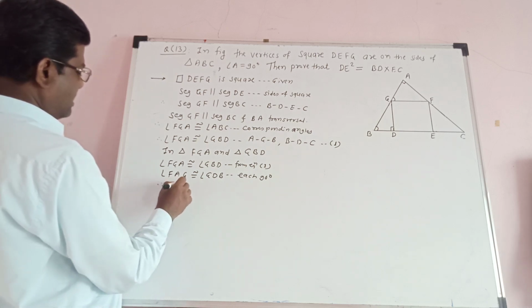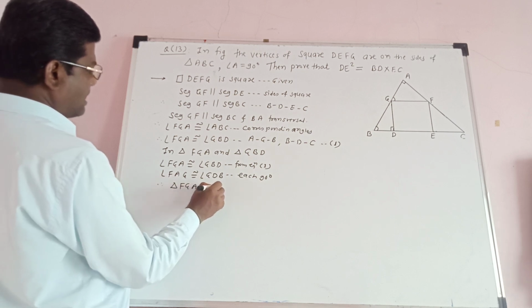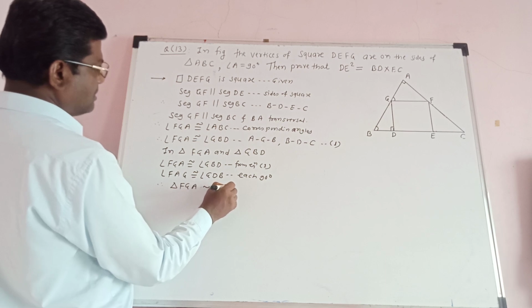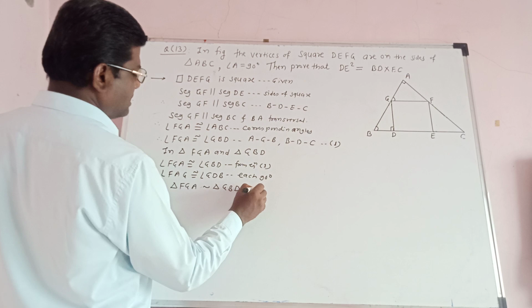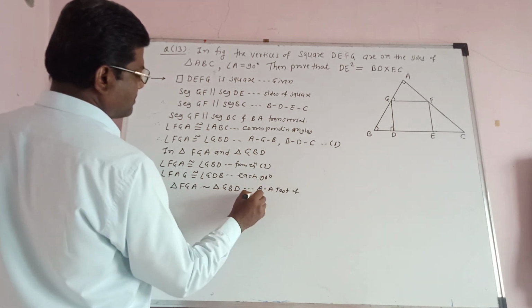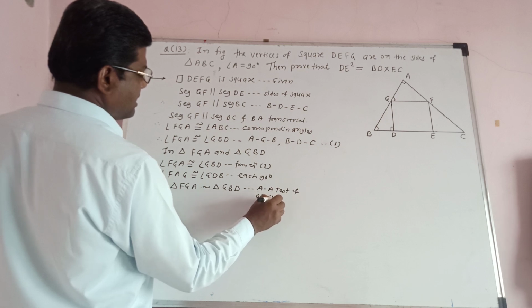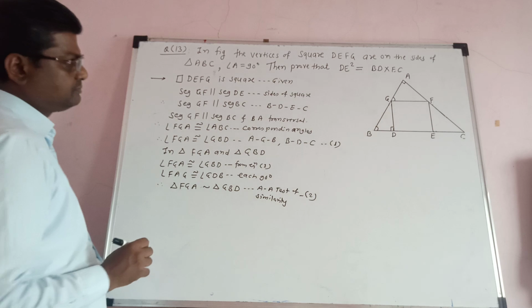Therefore, triangle FGA is similar to triangle GBD, due to the AA test of similarity. This is equation number 2.